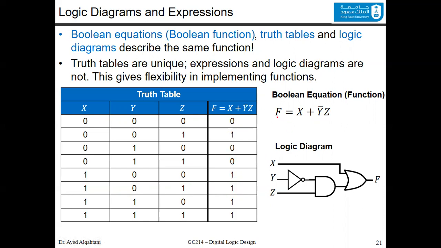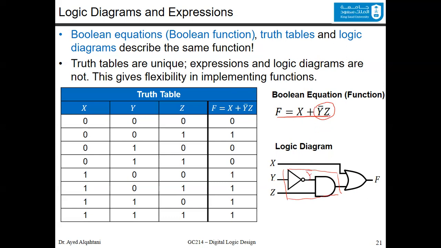Also, if you have a Boolean function, you can easily have the logic diagram like this. You have x, this is the first input, ORed with another entity. This other entity represents this term, which is y bar. This is y. So after the inverter, it's going to be y bar.